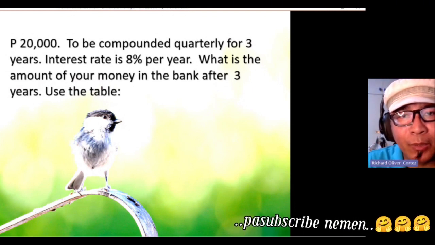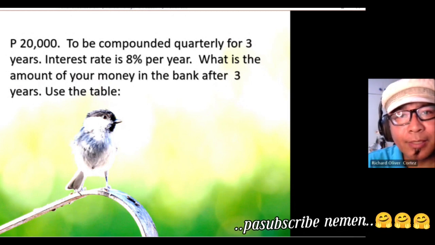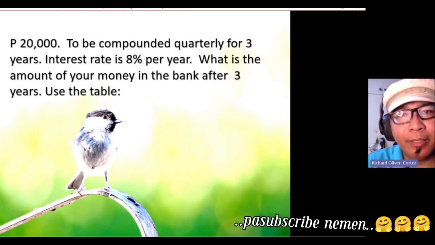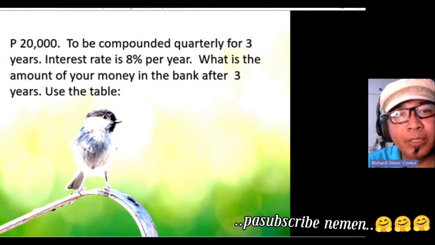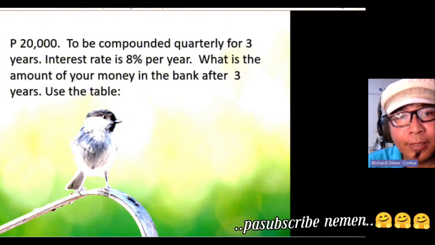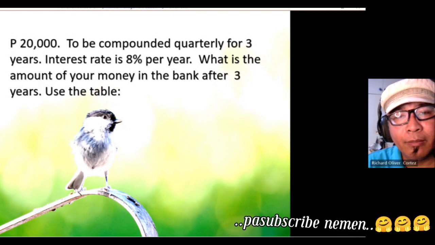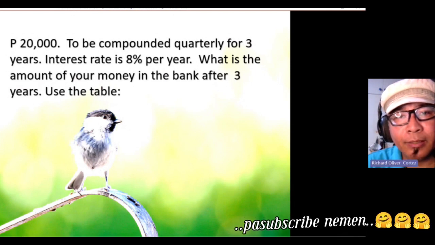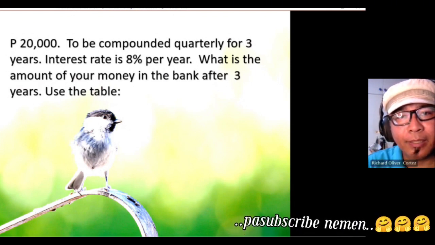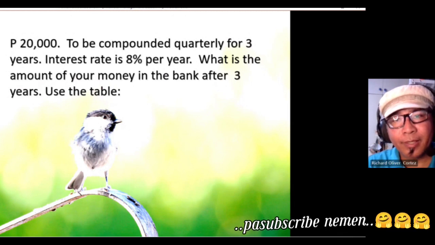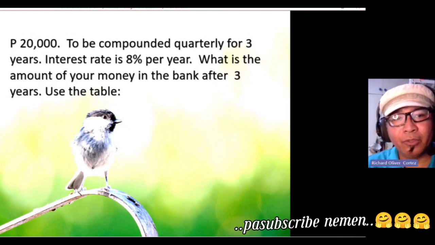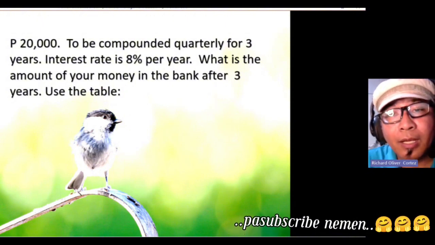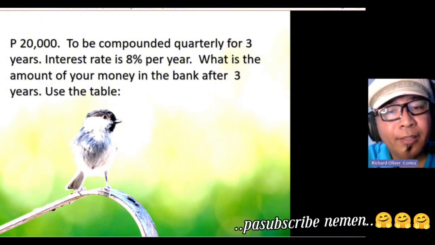So, to be compounded quarterly, once again, every 3 months. Tapos, that is good for 3 years. Tapos, interest rate per year is 8%. Okay, so, magkano yung ating compound amount or future amount na makukuha out of this investment?